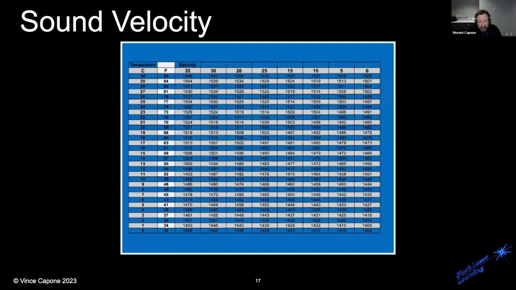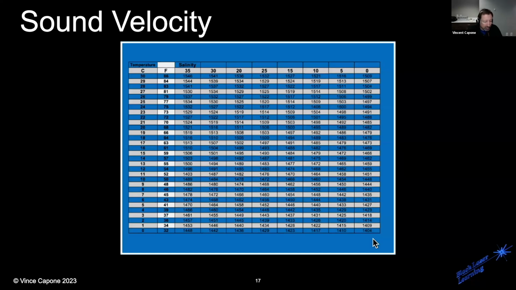And if you look, here's a table of sound velocity. There's one column for temperature in centigrade or Fahrenheit, and then across the top is salinity. You'll see here, we're at 1,546 meters per second when the water temperature is 86 degrees and the salinity is 35. On the opposite end, at zero salinity and freezing, the velocity is 1,404 meters per second.